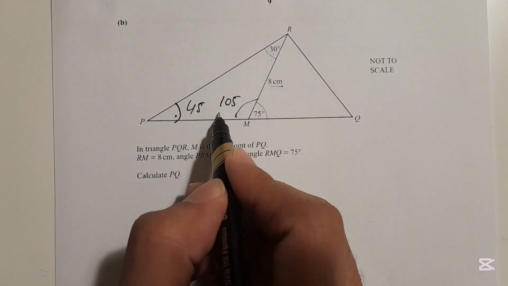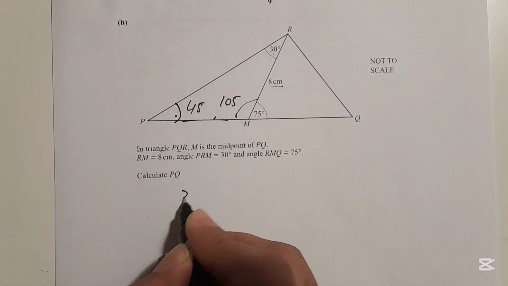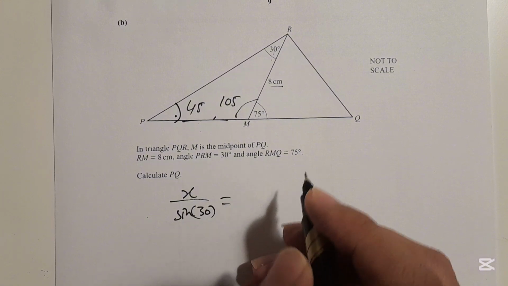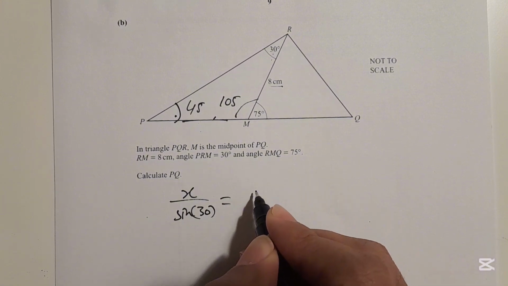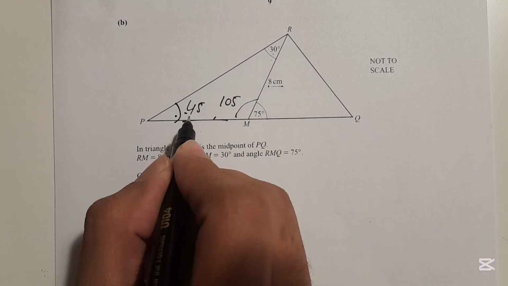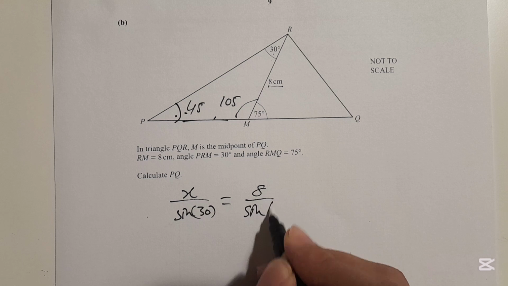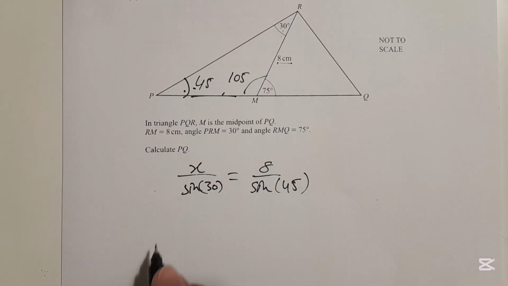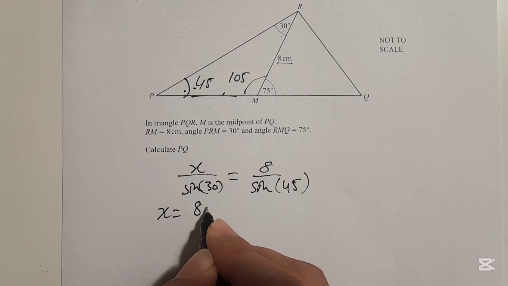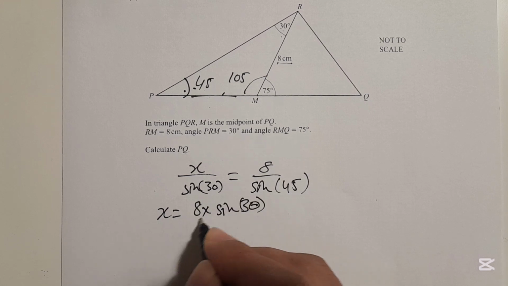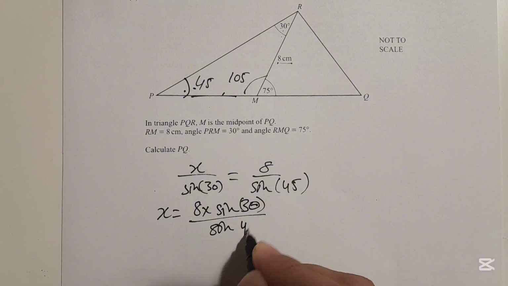As we have this 30, opposite is this length. So x divided by sine 30 is equal to 8 divided by sine 45, the angle opposite to 8. Now we rearrange: x is equal to 8 times sine 30 divided by sine 45.